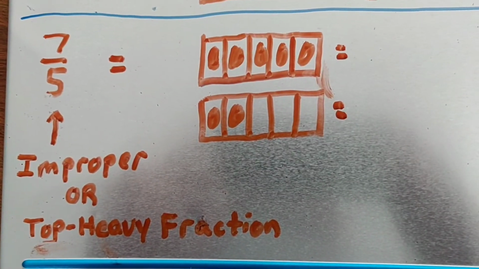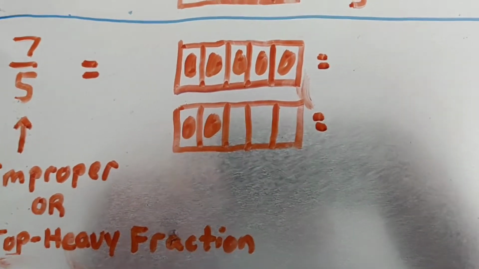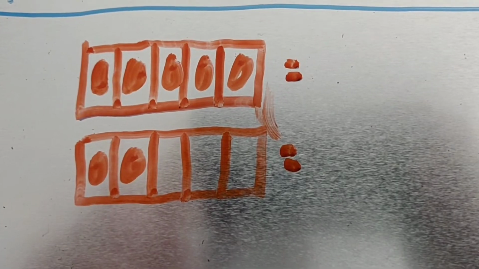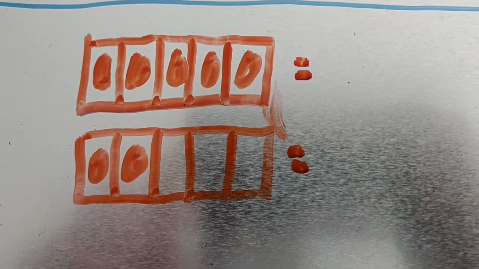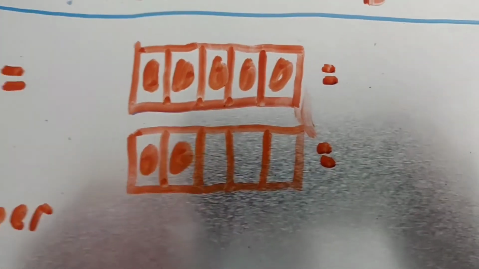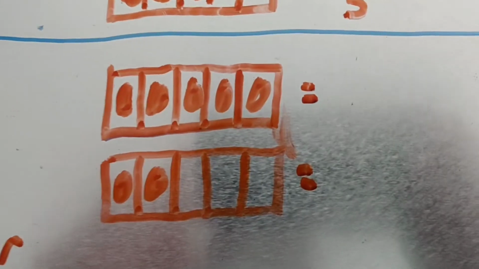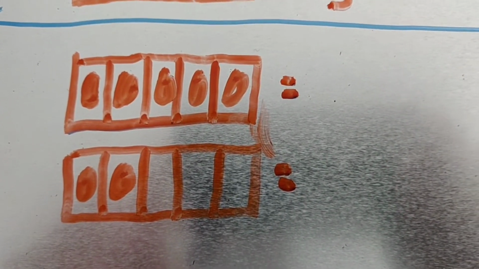So to do that, I want to look at the model that we drew for 7/5, and I want to take each of the two models that we drew, the top model and the bottom model, which together equal 7/5, and I want to figure out what they equal or what they're equivalent to.